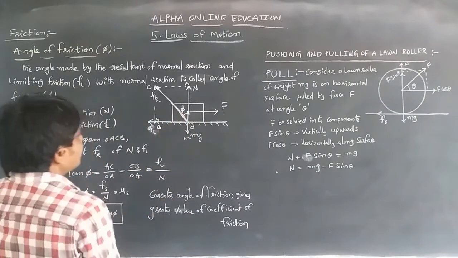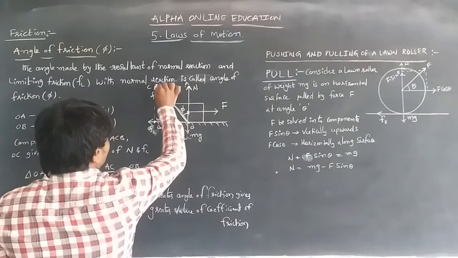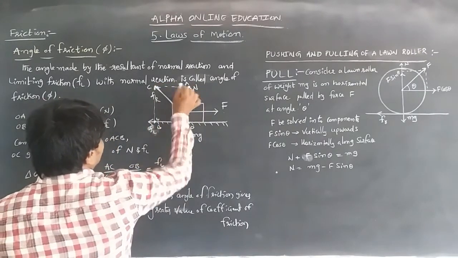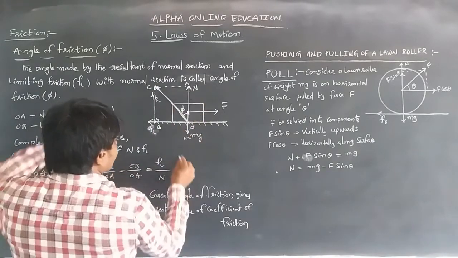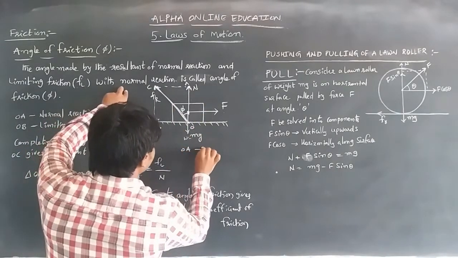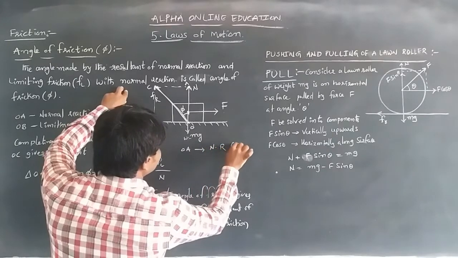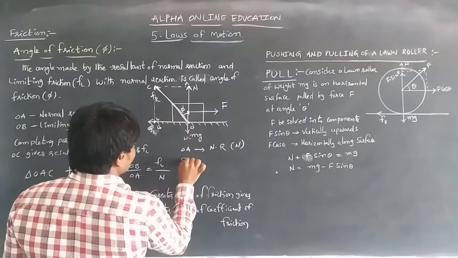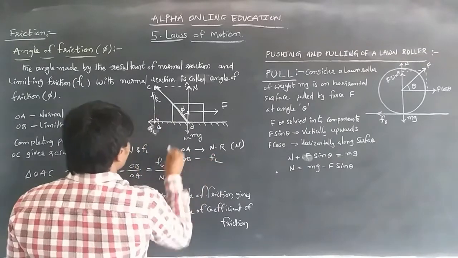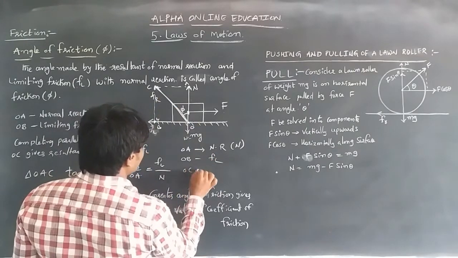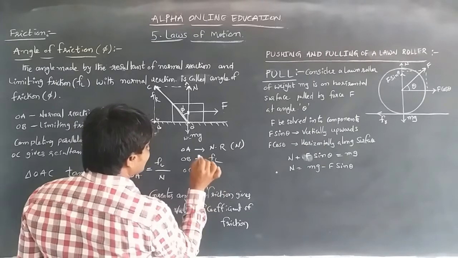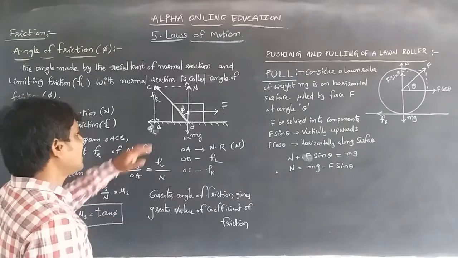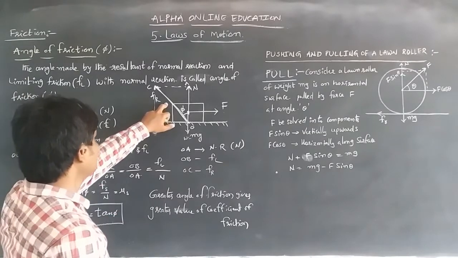When we combine the normal reaction and the limiting friction as a parallelogram, OA is the normal reaction, considered as N, OB is the limiting friction, and OC is the resultant force acting between them.